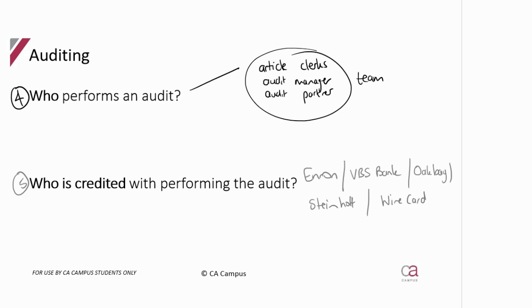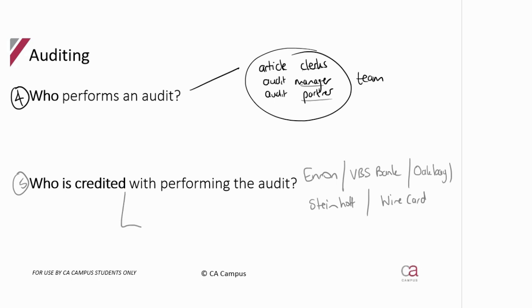All of these companies have been involved in significant scandals when it comes to their financials and the audit findings. Who got credited with expressing the wrong opinion or not doing enough work, not finding out the scandalous, fraudulent transactions? Was it the clerk who did the work, or the manager who reviewed it, or the partner who signed off?